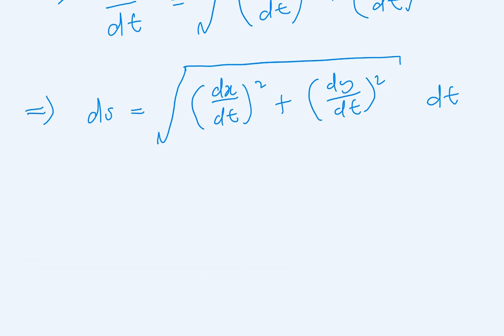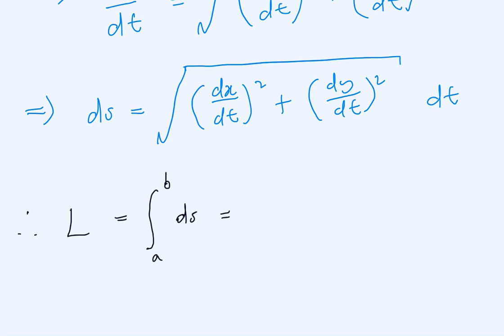So we say therefore the length, we're going to denote the total length of C with an L. So the total length of the curve C, L, is given by the integral from A to B of the infinitesimal arc length of our curve C, which is ds. So we have to integrate ds from A to B to get the total arc length of C.